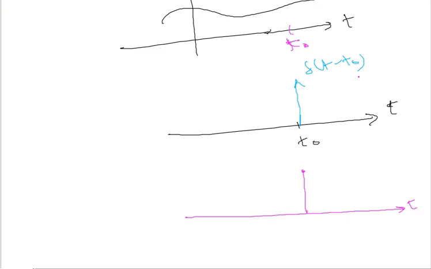This is t equal to t naught. This amplitude will be x of t naught. So we will get an impulse of strength x of t naught. So this is the shifting property of the unit impulse.